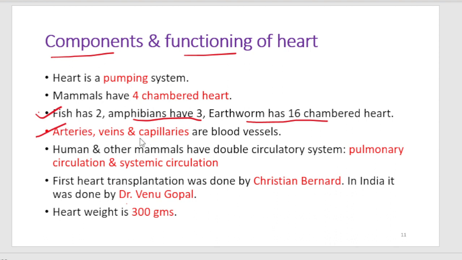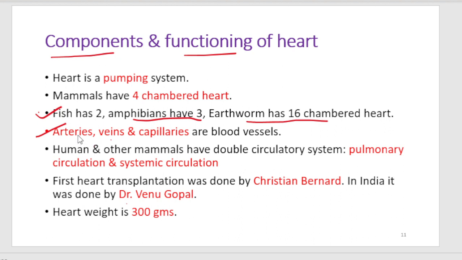Arteries are the blood vessels which take oxygenated blood from the heart to different body tissues, while veins are the blood vessels which bring deoxygenated blood from body tissues to the heart, while capillaries connect arteries and veins. Aorta is the largest artery, while vena cava is the largest vein.